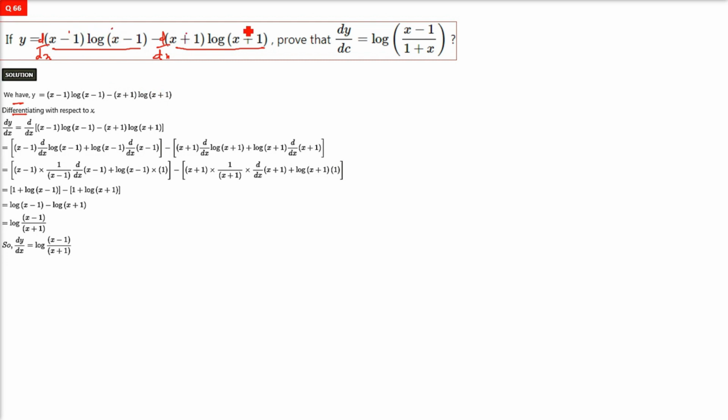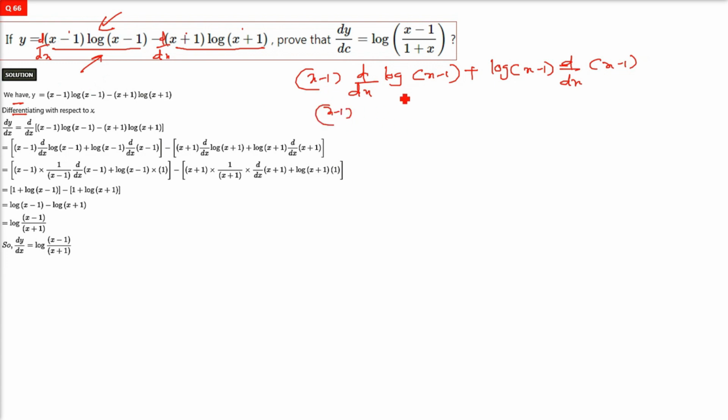So there are two terms with a subtraction sign. For the first term, we apply the differentiation with the product rule. So (x minus 1) d by dx of log (x minus 1), plus log (x minus 1) and d by dx of (x minus 1). First I am doing this one only.